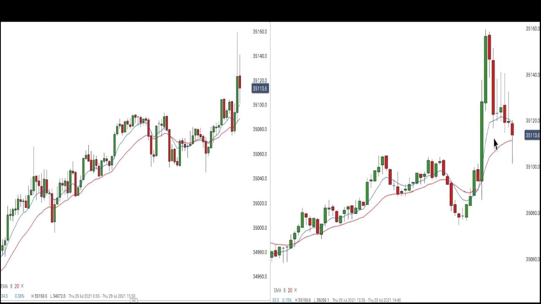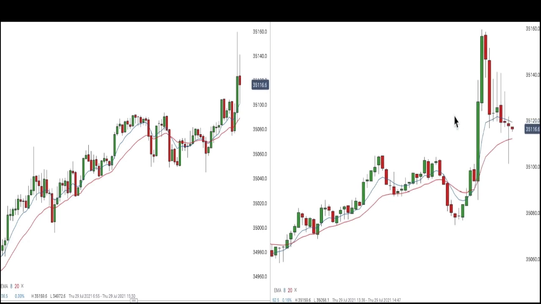It starts getting complicated when you've got lines like this in the way all the time. And so I would still favour a long trade if the market closed above the 8 EMA here, which it hasn't done.